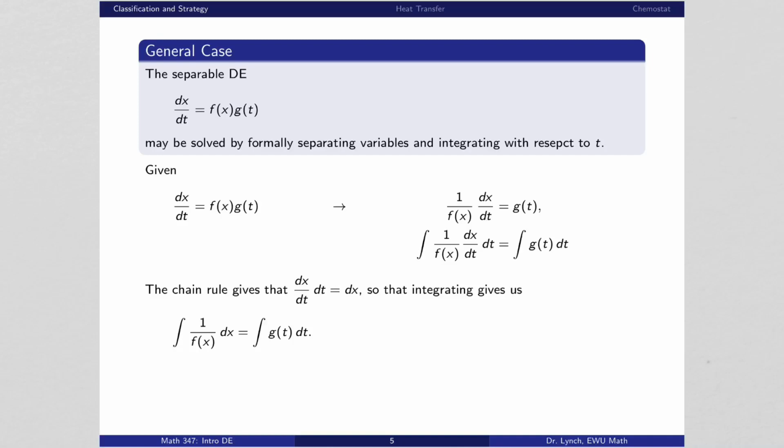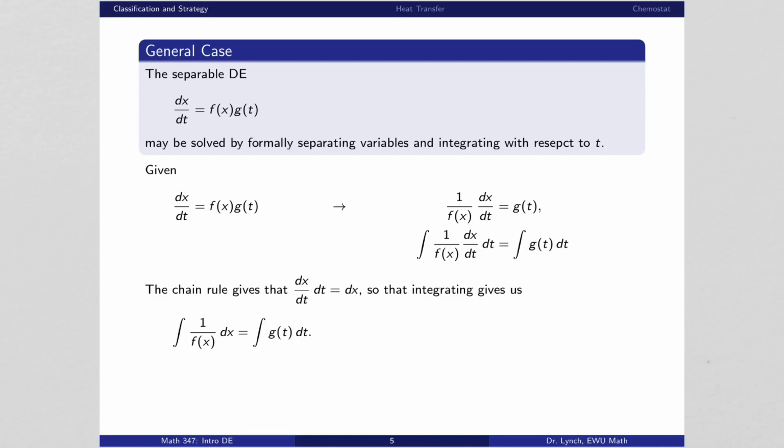So we see that we can rewrite this differential equation as 1 over f(x) times dx/dt equals g(t). That's separated. And then integrating both sides with respect to t, we have the integral of 1 over f times dx/dt is the integral of g dt. Now from calculus 1, we know that the differential dx is equal to dx/dt times the differential dt.